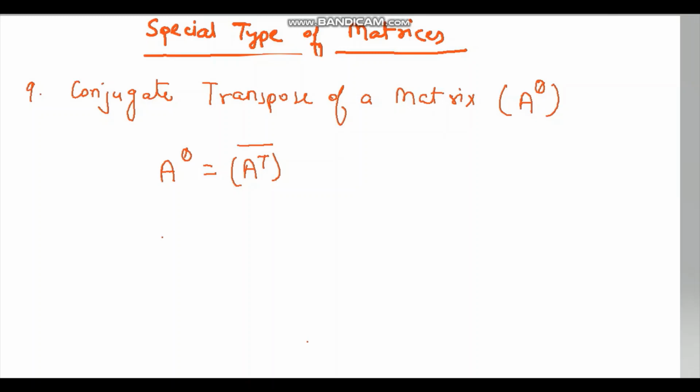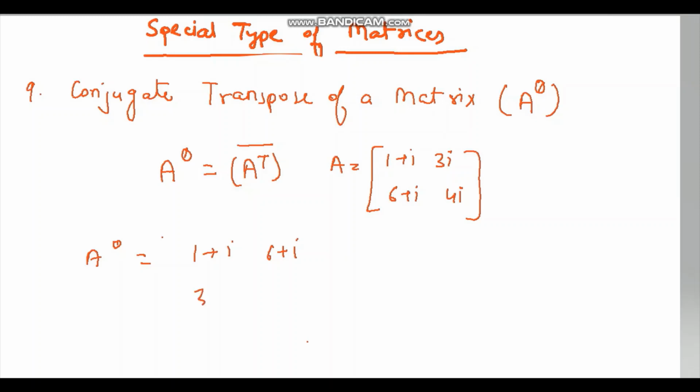Okay friends, let us take one example. 1 plus i, 3i, 6 plus i, 4i. How will we write the complex conjugate transpose of this matrix? For that, first we will take the transpose: 1 plus i, 6 plus i, 3i, 4i.